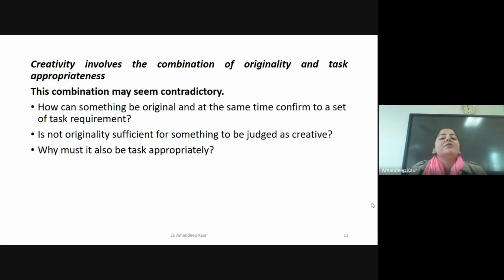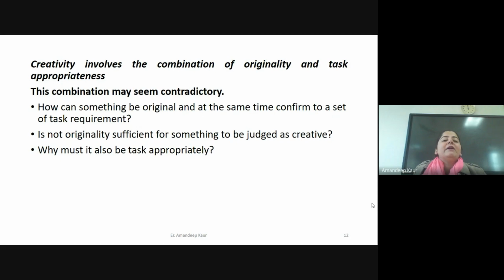So when it comes to creativity, it always involves a combination of originality as well as task appropriateness. So as an engineer, when I'm working for the benefit of society, our major role is to serve the society. So whatever product, whatever process we are finding out, that process, that product must be used by a large segment of the society. At the same time, it must follow all the dimensions of task appropriateness.